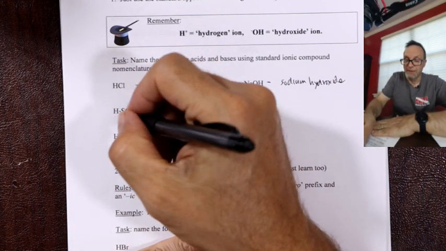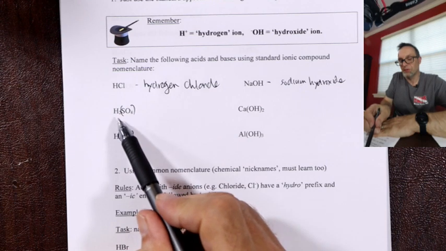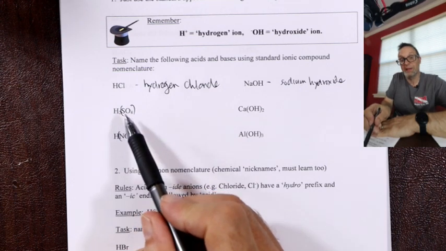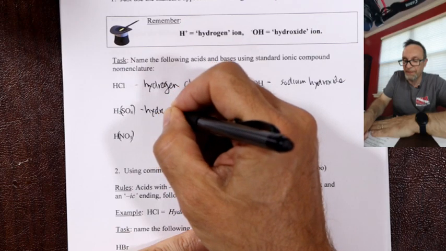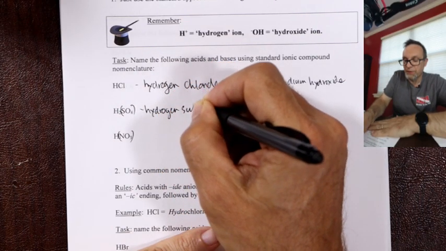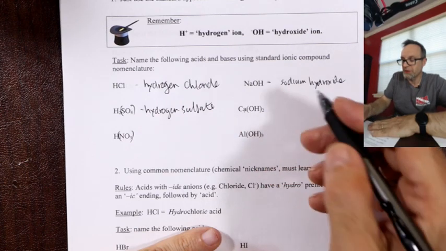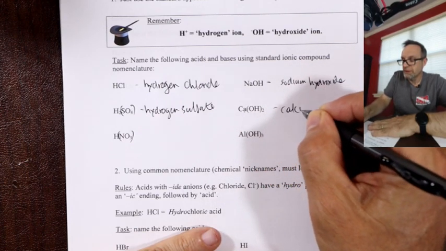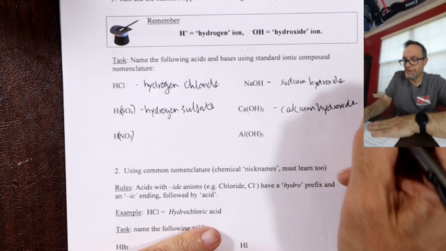Okay, you're back. Now, that's the way you'd say it in the book. So it's two H pluses and one SO4 2 minus. Acids are ionic, right? So that's hydrogen sulfate. This one, plus 2 minus 1, two of them. Calcium hydroxide.